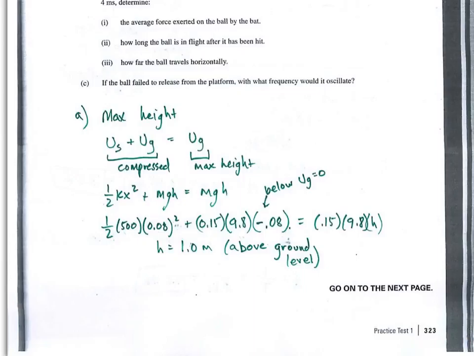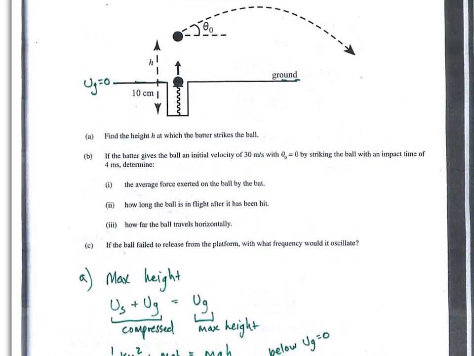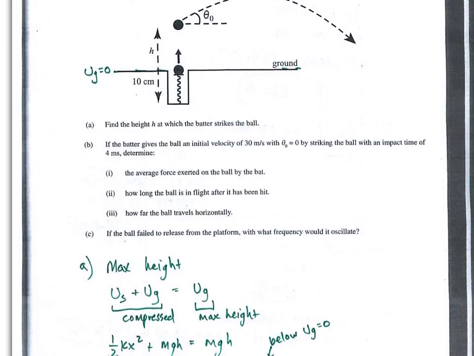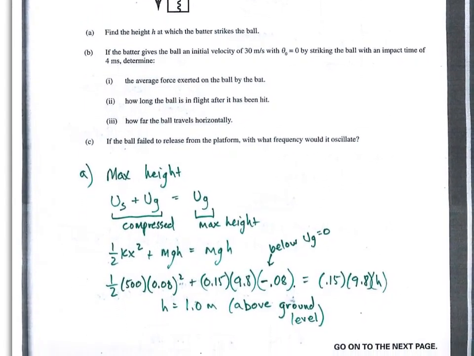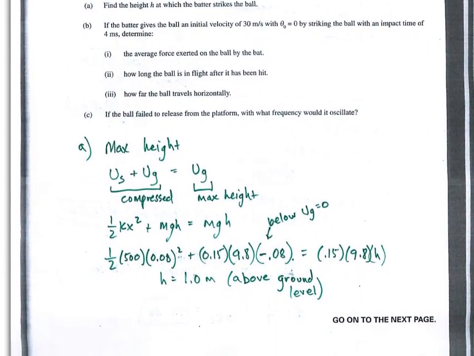And then plus mgh. Now notice how the h is negative 0.08 meters. That's because I set the gravitational potential to be 0 at ground level. So because it's below the ground, I'm going to define that as negative. And then ultimately that's equal to the mass times gravity times the final height. And again, that height represents the height above ground level, so that's 1.0 meters.